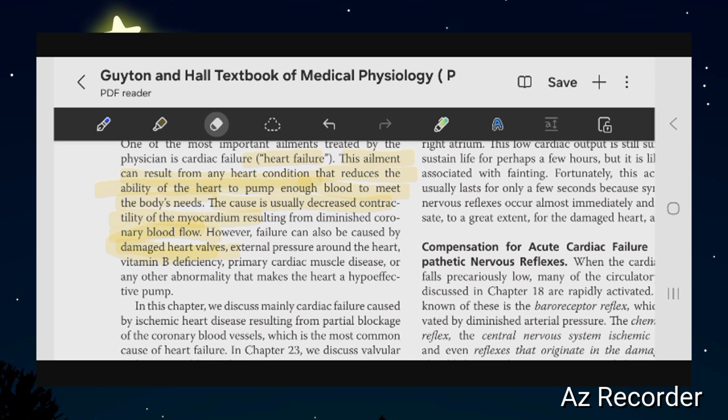For example, in aortic valve stenosis, your aortic valve is narrowed. So to compensate and maintain the cardiac output, your heart will contract with force. If it contracts with force, your heart muscle will hypertrophy, especially your left ventricle muscles, and this hypertrophy will lead to a gradual decrease with time. Your heart's contraction ability will decrease.